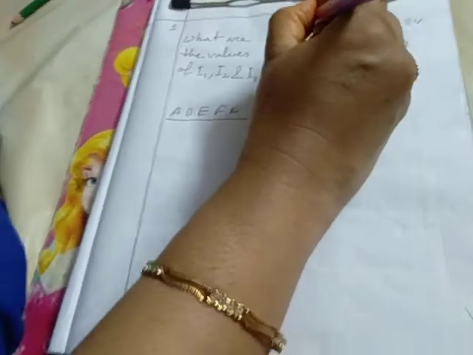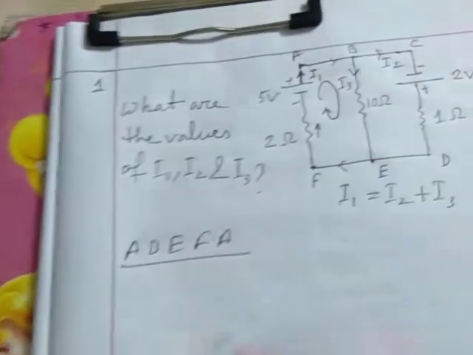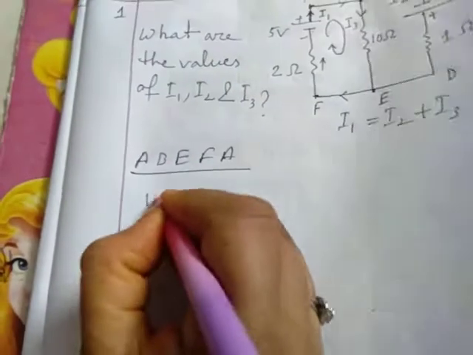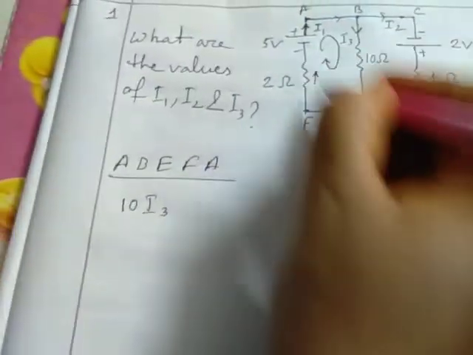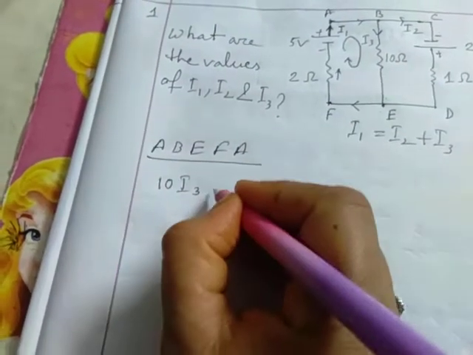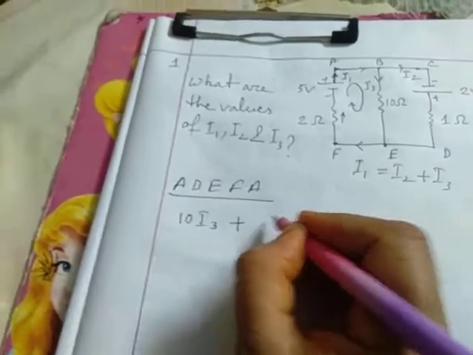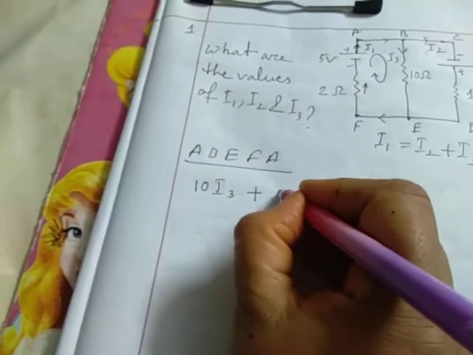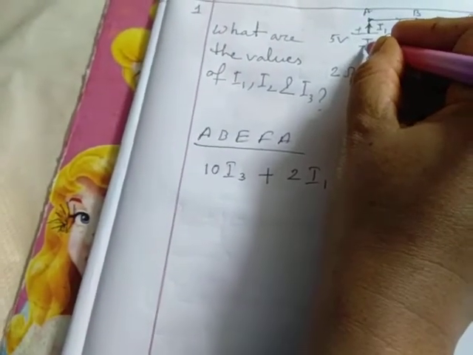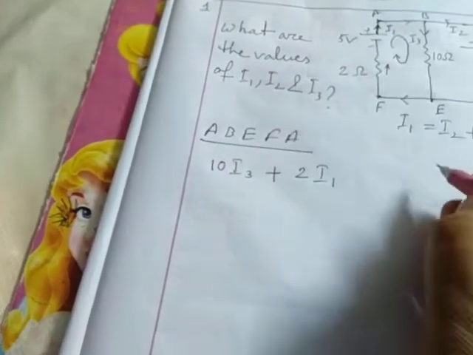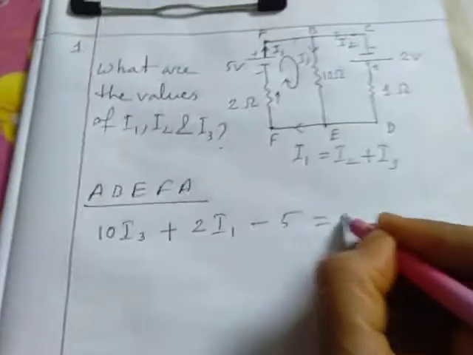Okay, so look, I1 is going towards this direction, I3 is going towards this direction, and you are also moving towards the direction of the current. So what will happen? 10 I3 in loop 1, then plus 2 I1, then which sign of the cell are you seeing? Minus sign. Minus 5 equal to 0.